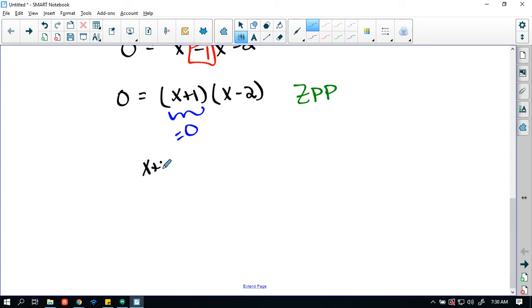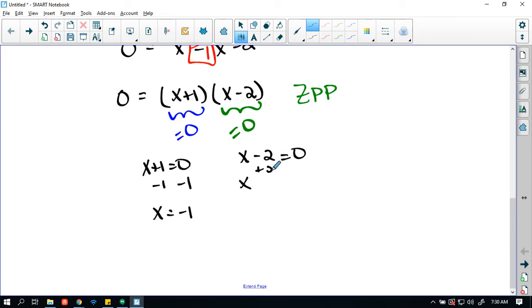So I get x plus 1 equals 0. Solving for x in this case, I get x equals negative 1. Then x minus 2 equals 0. I'm going to again solve for x. So now my solutions are x equals negative 1 and 2.